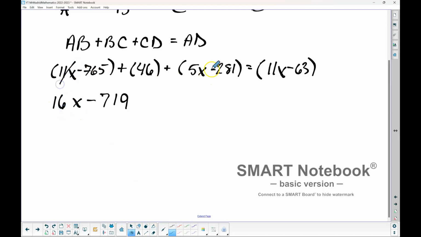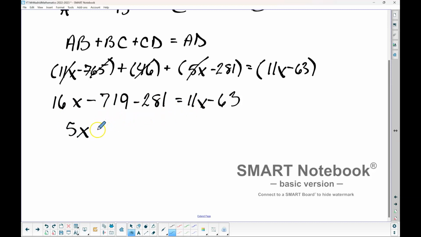I don't want to do too much too fast. Now let's subtract 11x. So now I have 5x.